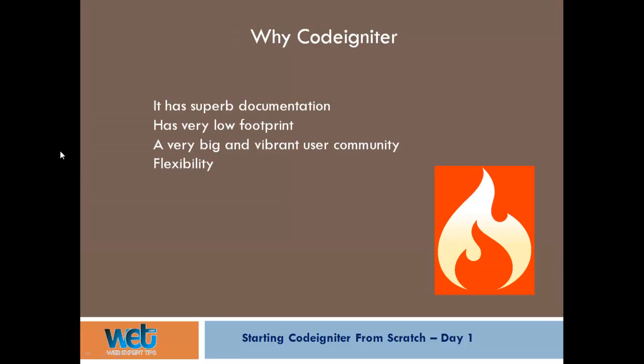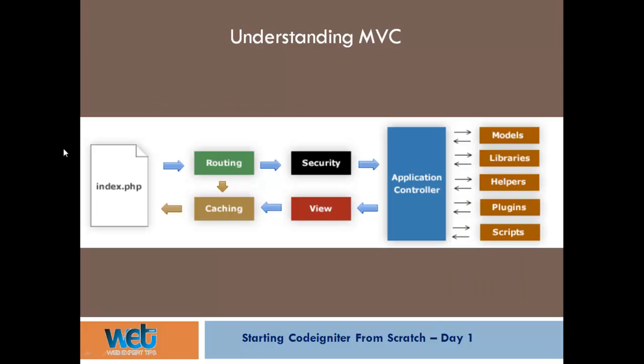Then there is this security layer. Before the application controller is loaded, the HTTP request and any user submitted data is filtered for security. The application controller loads the model, core libraries, plugins, helpers, and any other resources needed to process the specific request.